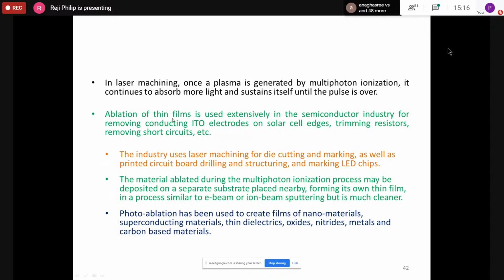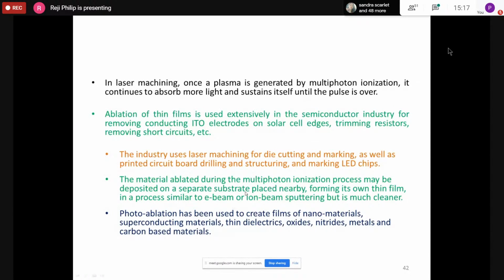The ablation of thin films is used extensively in the semiconductor industry for removing conducting ITO layers on solar cell edges, for trimming resistors, for removing short circuits, etc. And the industry uses laser machining for die cutting, marking, as well as PCB making and making LED chips, marking LED chips.